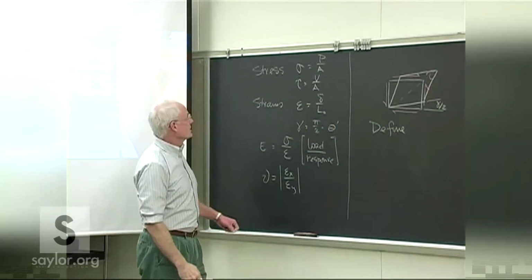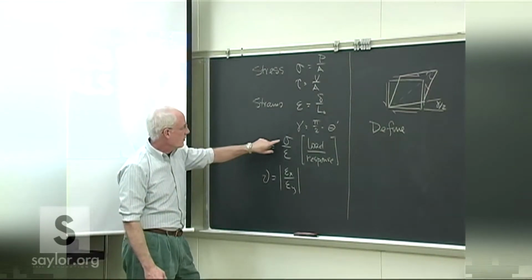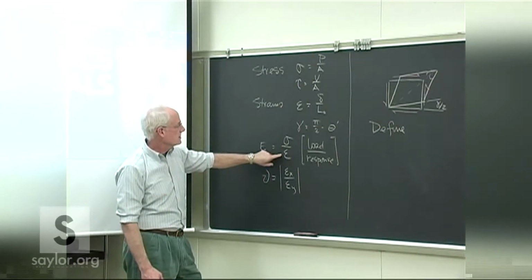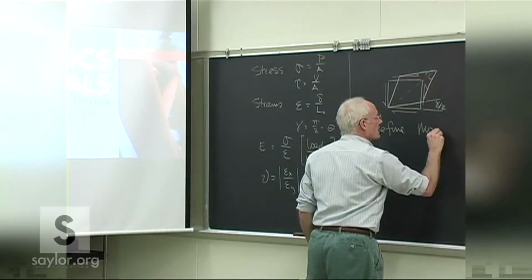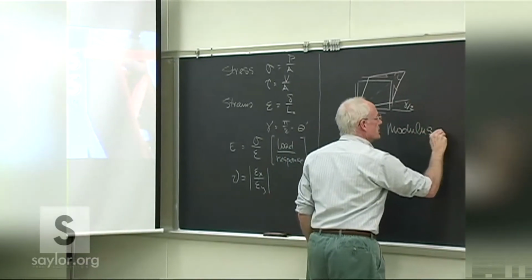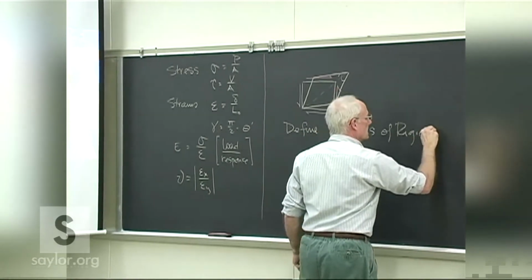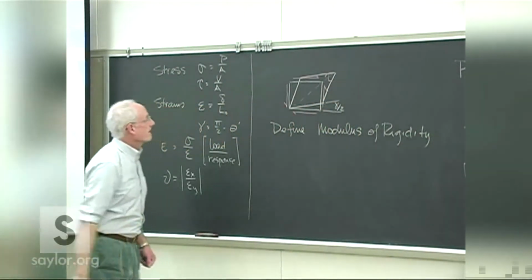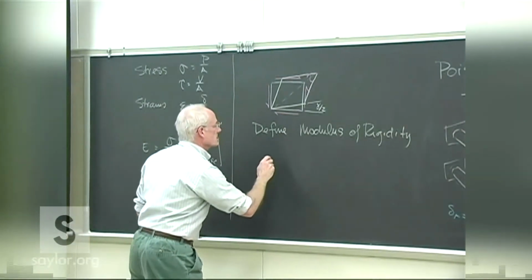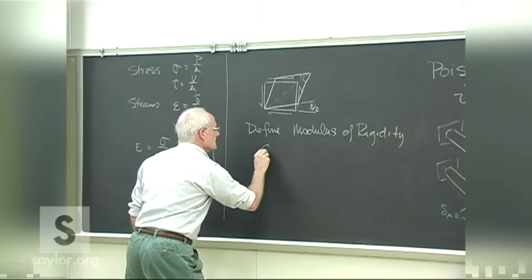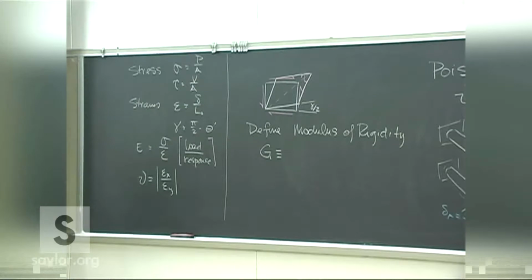And we define one more term. We had the modulus of elasticity, that was the axial stress to the axial strains. We define the modulus of rigidity in the same way, only for shears rather than normal loads. So it's given the letter G, because there's a G in rigidity, I guess.